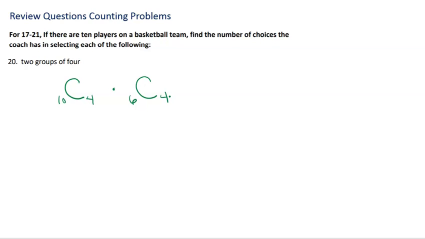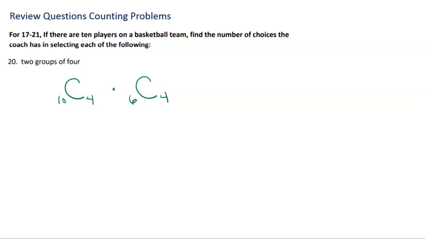But now here's an extra issue that we didn't have to deal with in the last situation, because when we did 10 choose 5 to pick our 5 starters, we didn't have to worry about repetition.